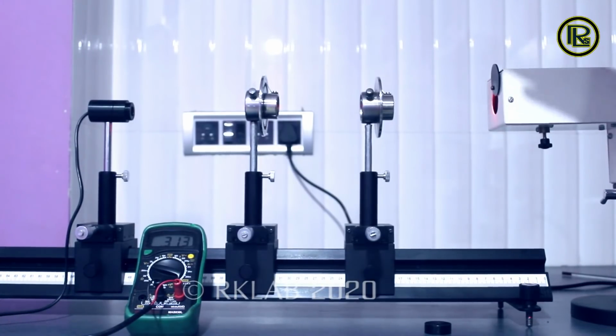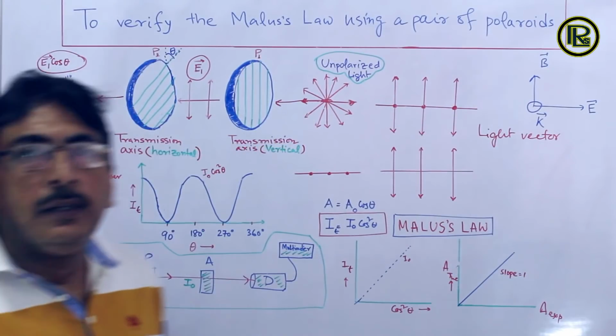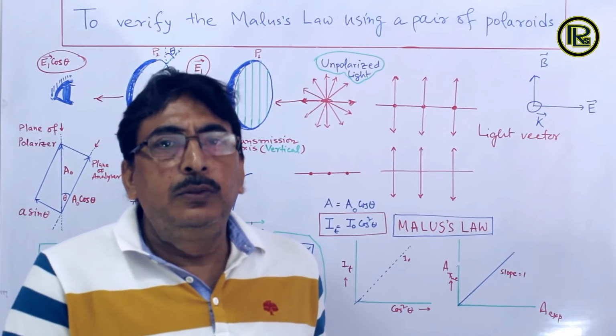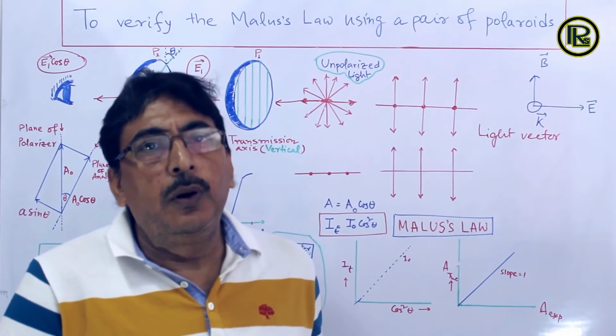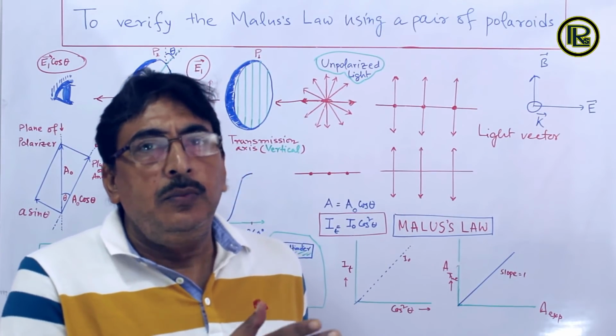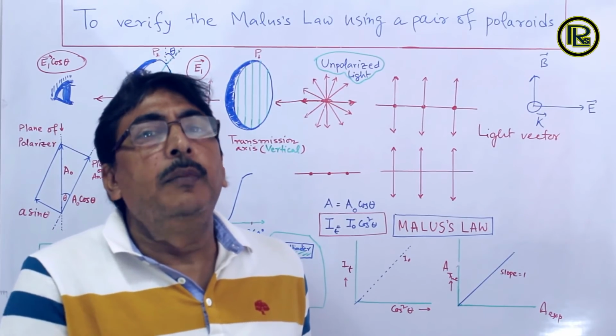So let's get back to the whiteboard once again. So I have given the demonstration of how to verify Malus law with the help of a laser light and polarizer, analyzer and a photodetector and a multimeter.